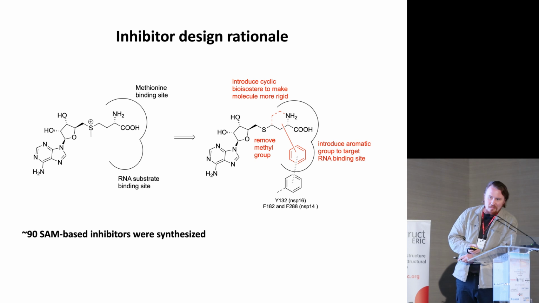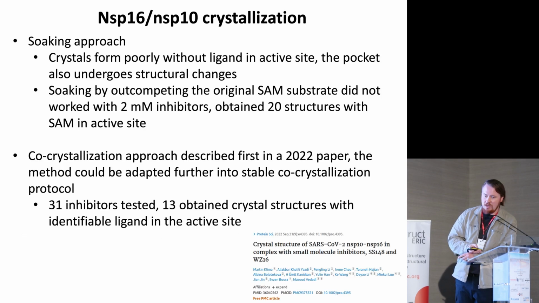What we hoped most for here was that they would make some specific interactions with the RNA binding pocket. What we tried first was a soaking approach, as we could get crystals with S-adenosyl-methionine in the active site quite easily.